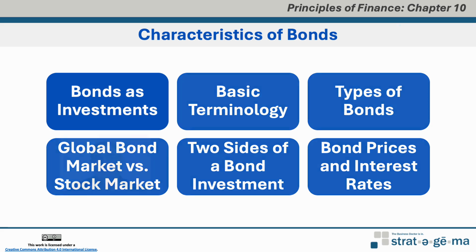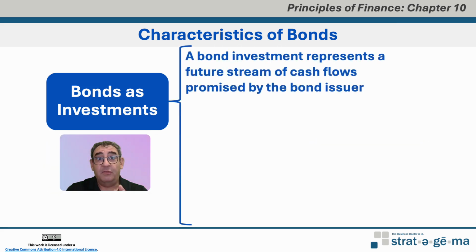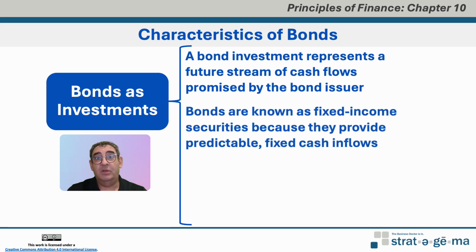A bond is an investment that represents a future stream of cash flows that's promised by its issuer, and those issuers can be governments or corporations. Bonds are known as fixed income securities because they provide predictable, regular cash inflows to the buyer of the bond. Depending on the nature of your risk profile, you may prefer riskier securities like stocks, or if you want something a little bit safer and more predictable, you'll tend to focus more on bonds.